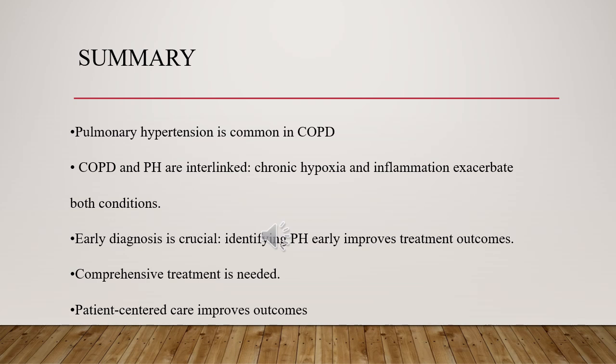As we move forward, early intervention, continuous monitoring, and a holistic approach to care will be the key to optimizing the management of COPD patients with pulmonary hypertension, ultimately improving survival and the quality of life for this vulnerable population.